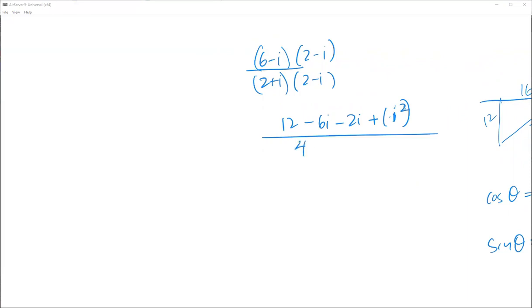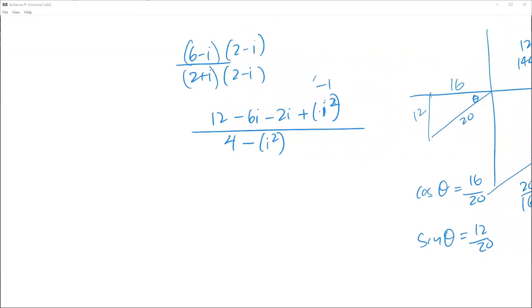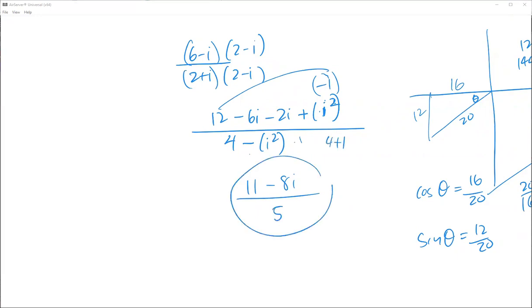Again, remember they're conjugates of one another, so we don't need to multiply the middle section. So let's combine like terms. This is negative 1, so 12 minus 1 is 11 minus 8i all over, this is negative 1, so it'll be 4 plus 1, which is 5. That's your answer.